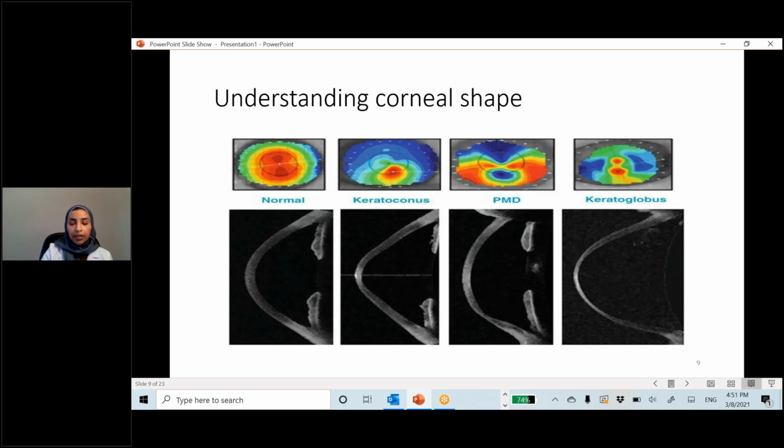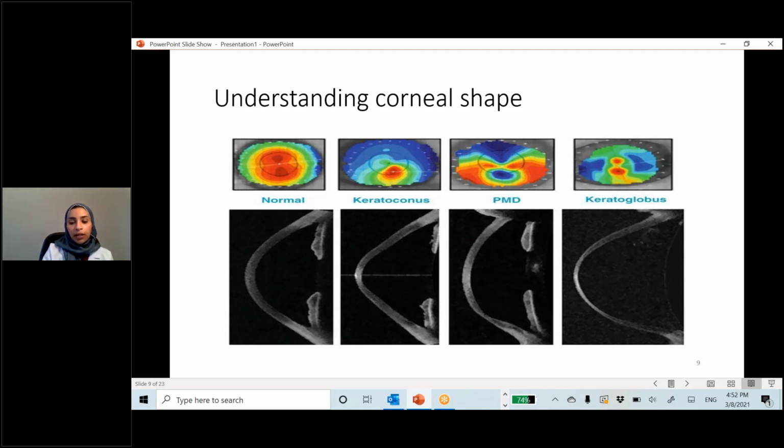The reason I'm bringing this up is because, like I said, all the soft lenses for this category fit over the entire cornea. Using the Kerasoft IC lens, you are going to be using a flatter base curve than you traditionally think of when fitting irregular cornea. And that is mainly because you are not just fitting the steepest portion of the cornea, you are fitting the peripheral cornea as well.